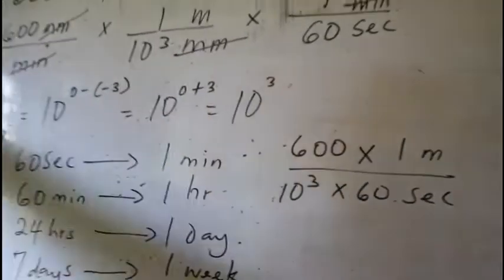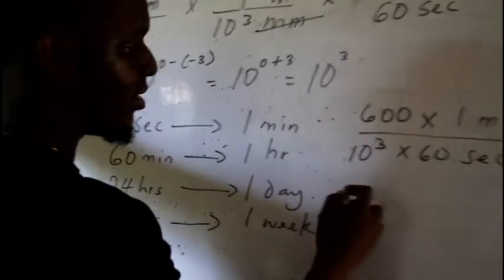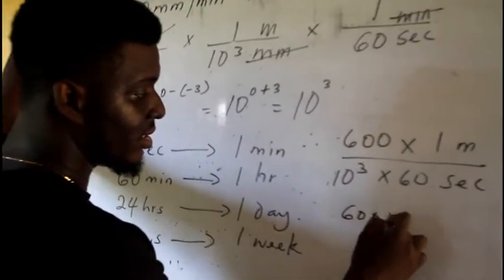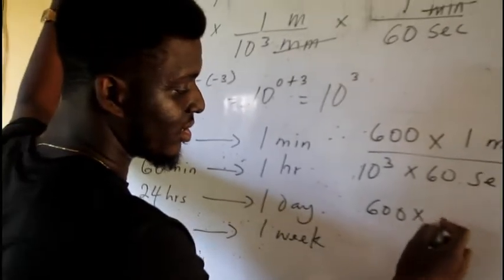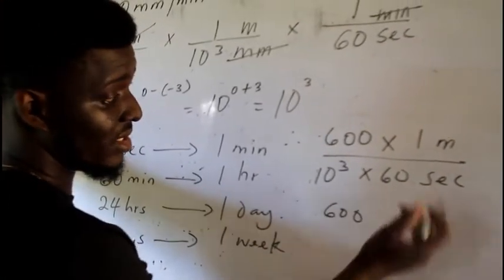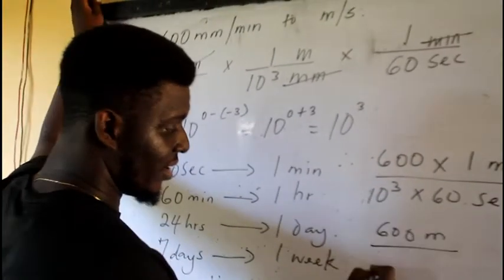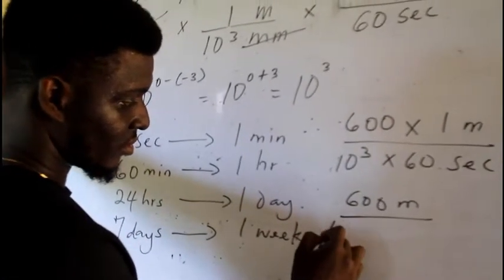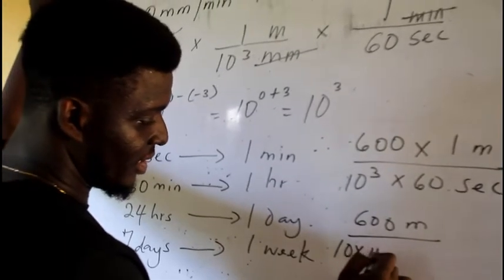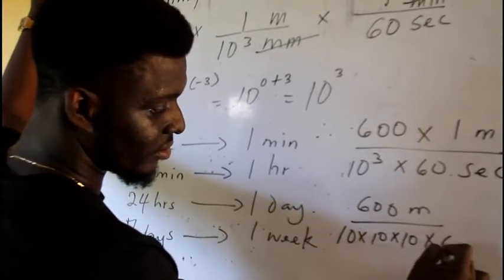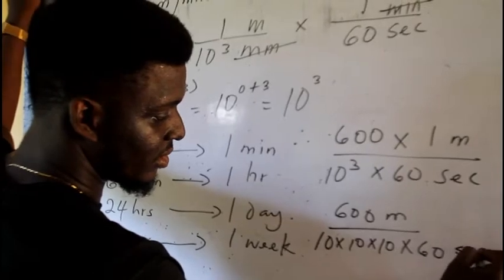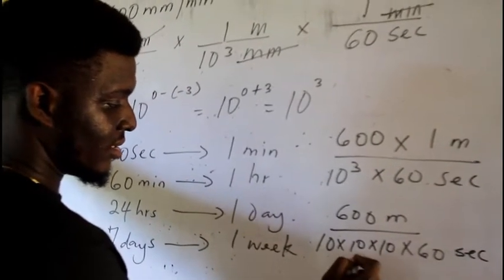Are you seeing it now? So therefore, we have 600 meters over 10 times 10 times 10 seconds.